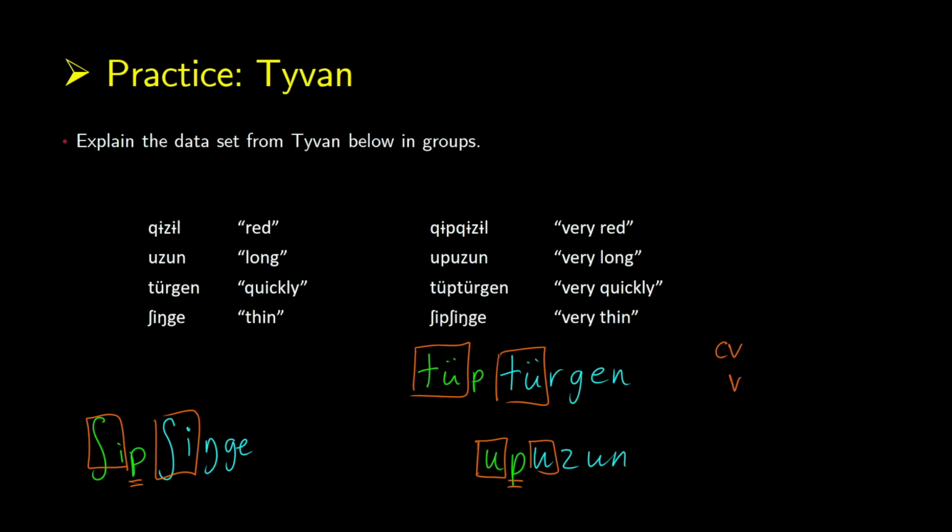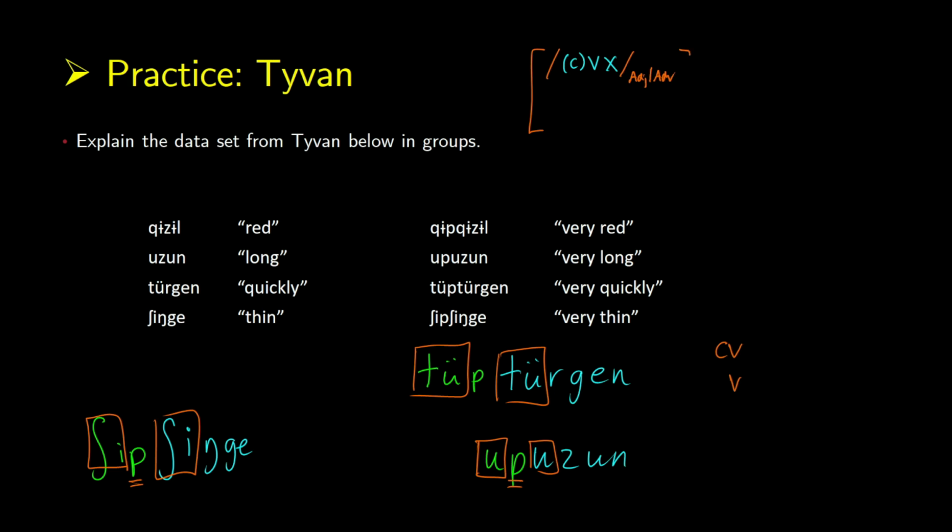So how we can model this is, and here's where something new comes in, we can say there's an optional C in this rule, there's a V, and then there's something else afterwards. So this is going to be our base form. So these are our adjectives or our adverbs.